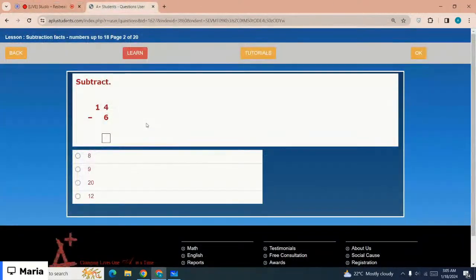14 take away 6 is, start with the smaller number and count up till 14.